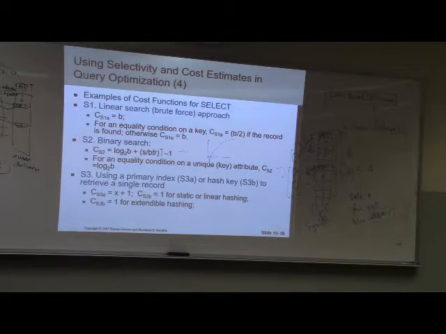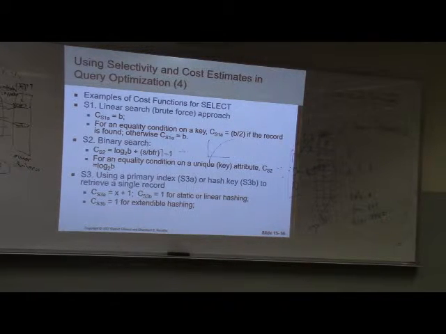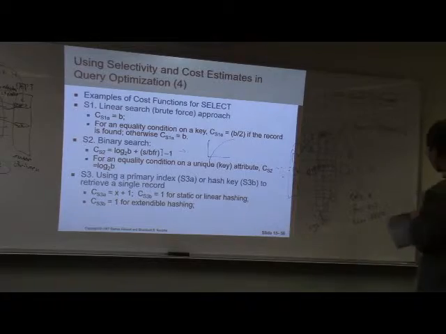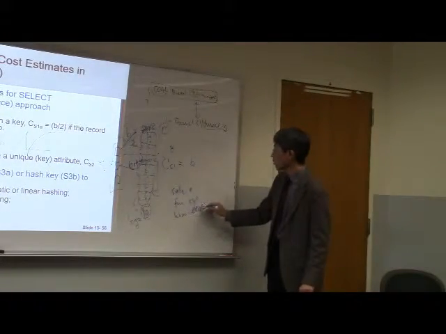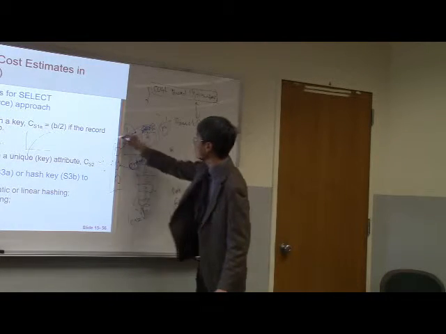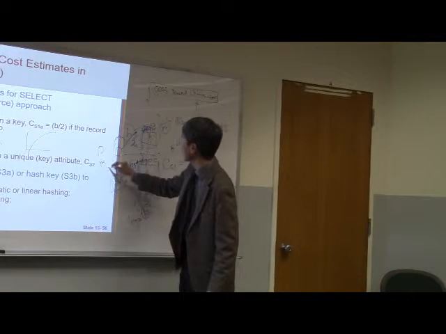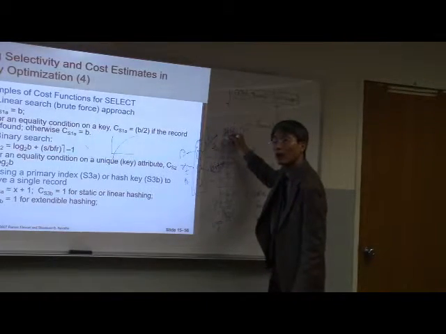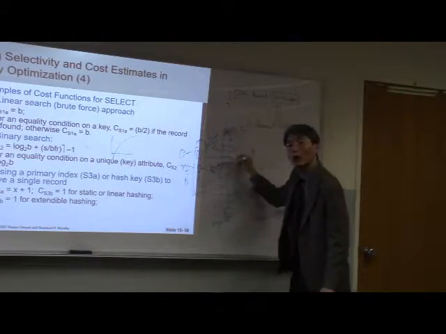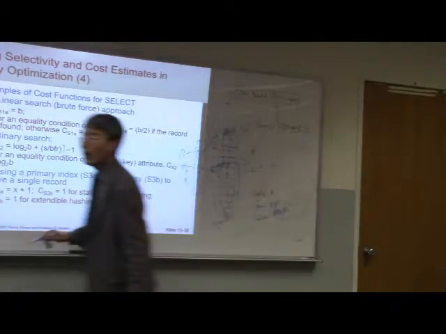The next one is in case of multiple records, like DNO is equal to 1. It's ordered by DNO, so we have the level of a primary index for the DNO, X plus 1. However, because it's multiple records, we need to read more.